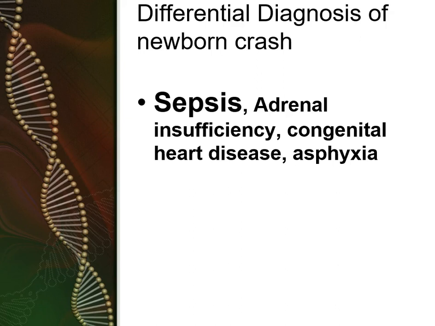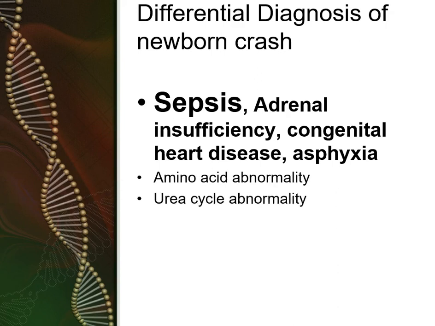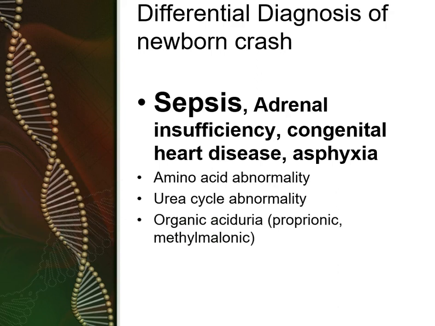Even though the baby has a well interval, if there was significant asphyxia, cells could be breaking down and show a little bit later. But in this period, we also need to consider metabolic diseases, including amino acid abnormalities, urea cycle abnormalities, organic acidurias, as well as mitochondrial disorders.